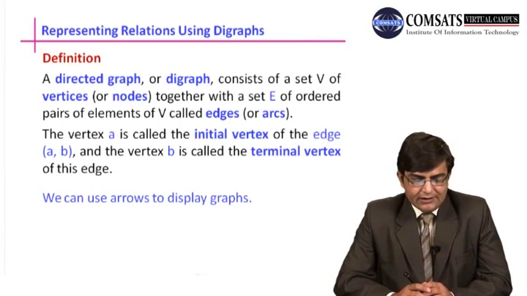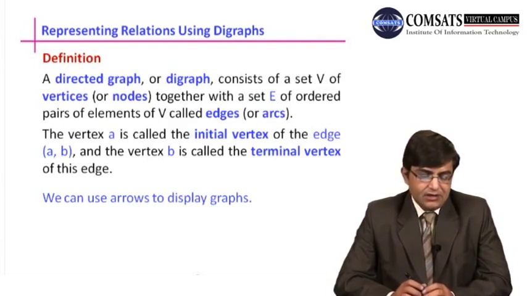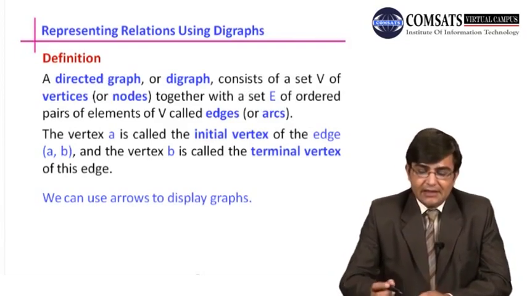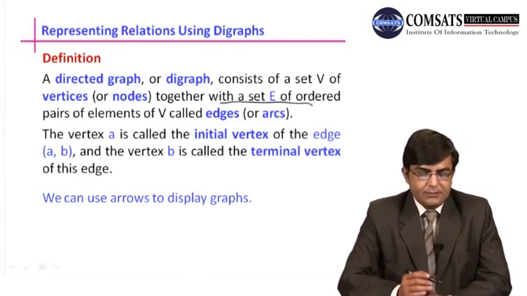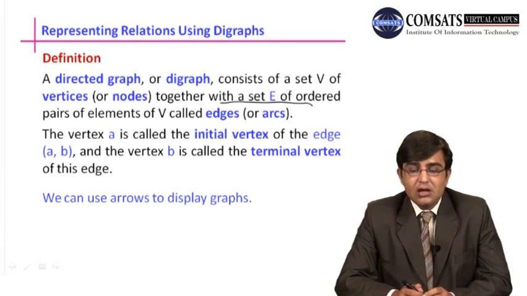So by definition, a directed graph or digraph consists of a set V of vertices. Vertices can also be called nodes, together with a set E of ordered pairs of elements of V, which are called edges or arcs.